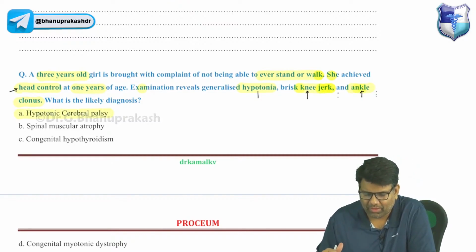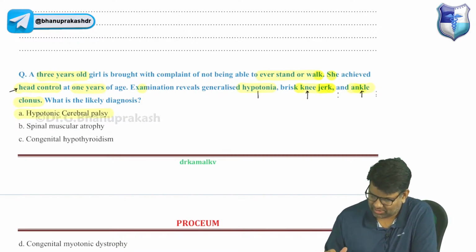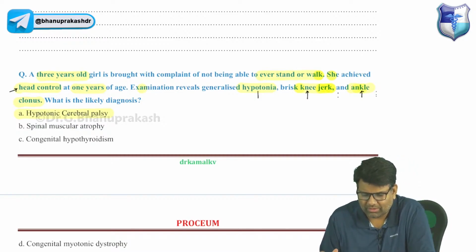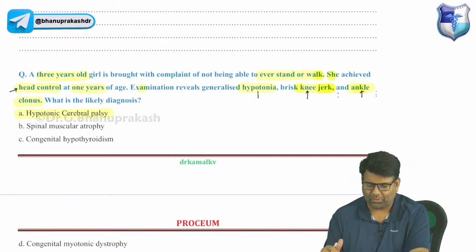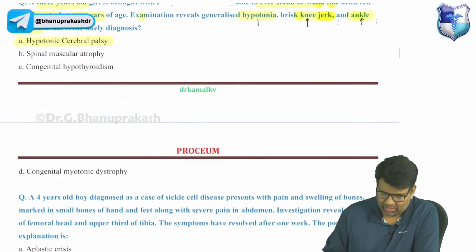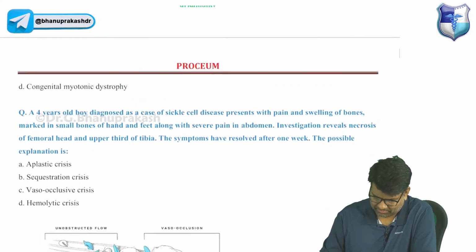This is hypotonic cerebral palsy. Tough question. So hypotonia with cerebral palsy, hypotonia plus human features. Okay, so hypotonic cerebral palsy.